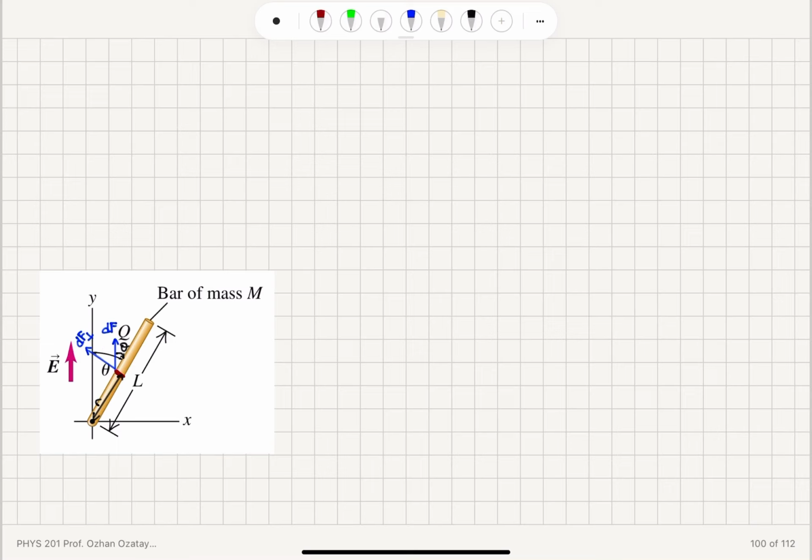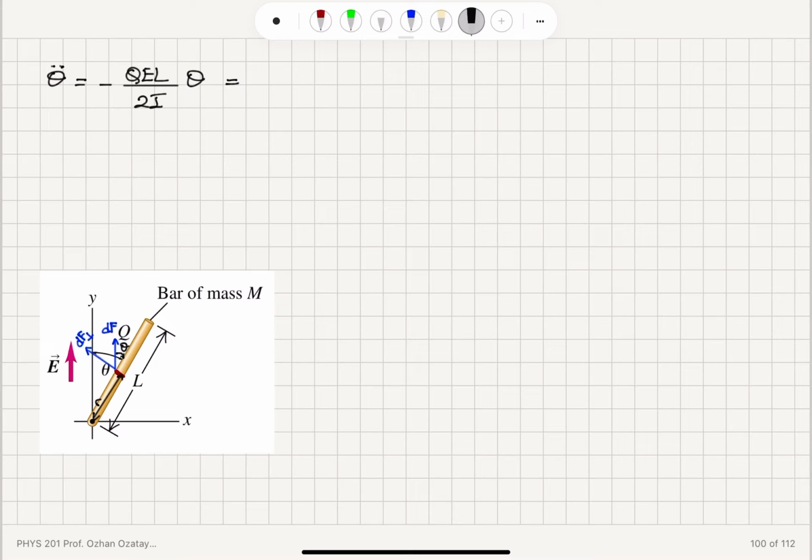So let's write the equation of motion. Theta double dot, the second derivative with respect to time, is minus QEL over 2I theta. The moment of inertia I found in part D to be ml squared over 3, so I can substitute that.